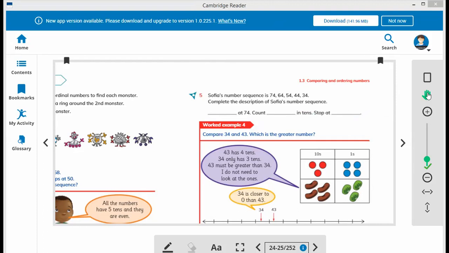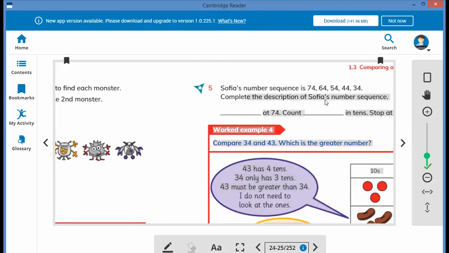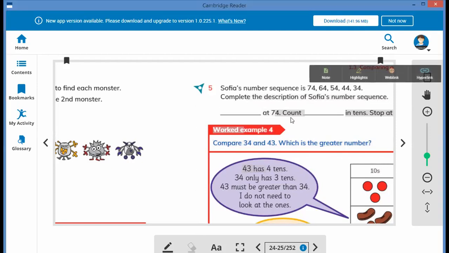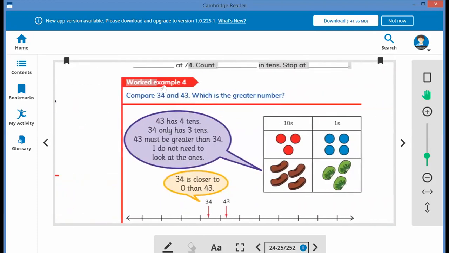That is a worked example. So compare 34 and 43, which is greater. 43 has 4 tens, 34 has only 3 tens.